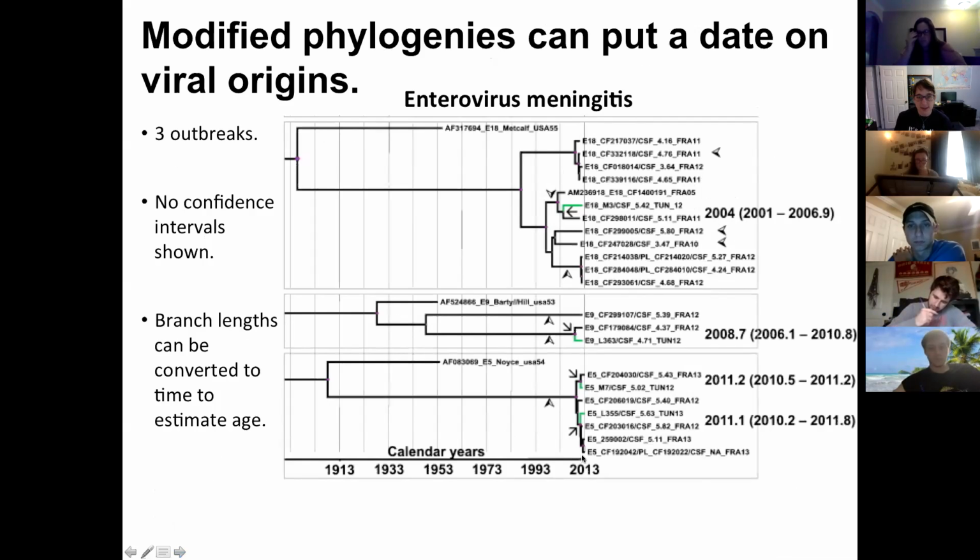But you can actually see that it's dated within the 2000s, or at least some of these are in the 2000 block, right? Some of the older ones back here where we know the date of an outbreak, we can actually anchor these trees with the known outbreak, like this sample in the middle panel at the top that says Barty Hill.